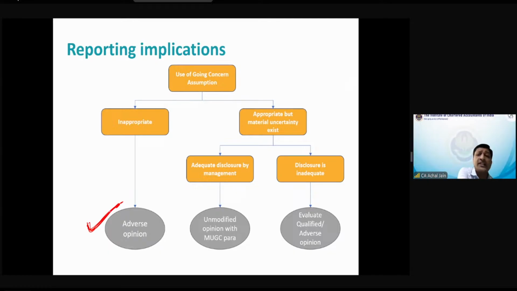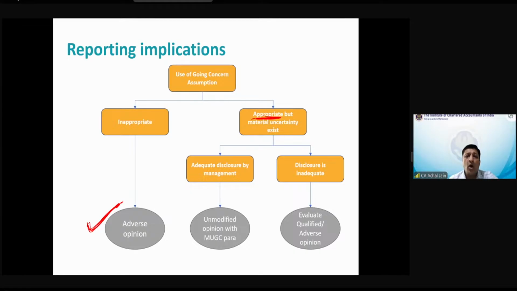Now the going concern assumption is appropriate as per the management as well as the auditor. But material uncertainty exists. So what does the auditor want?